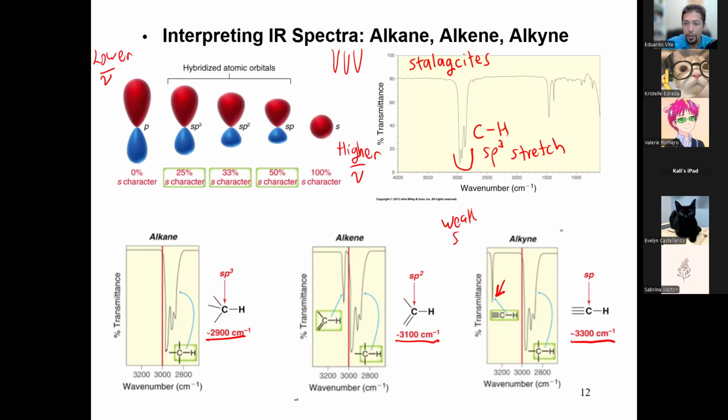And you also see a weak, sharp peak over here at around 3,100. And then over here with the alkane, it just blends in with the whole broadness of the other signals. So you don't see that peak right there.